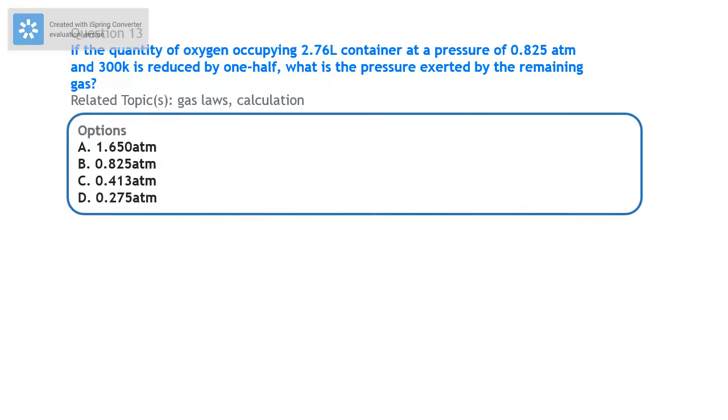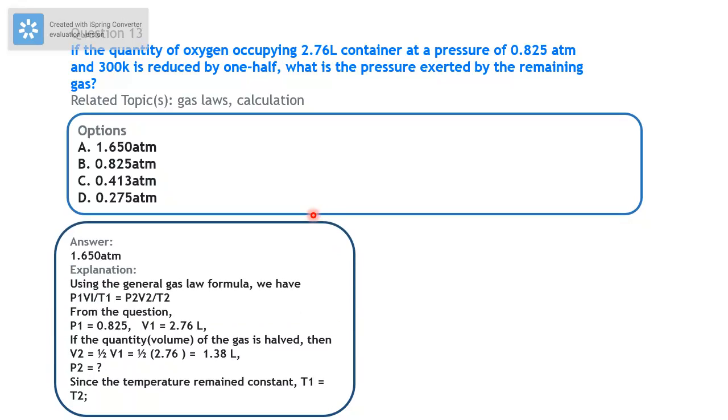Next, on gas laws. If the quantity of oxygen occupying a 2.76 liter container at a pressure of 0.825 atm and 300 Kelvin is reduced by 1/2, what is the pressure exerted by the remaining gas? Alright, we use the general gas law, because this question involves volume in liters, pressure in atm, and temperature.